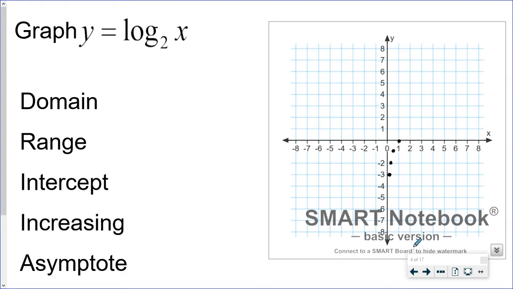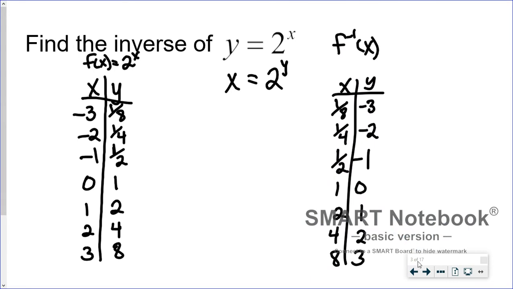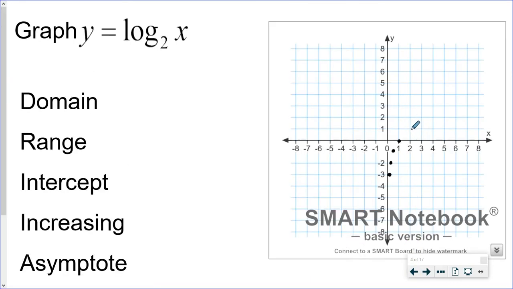All right, then we had 2, 1, 4, 2, and 8, 3. So if we connect this with a nice smooth curve, right, this is our inverse of y equals 2 to the x, which is y equals log base 2 of x.